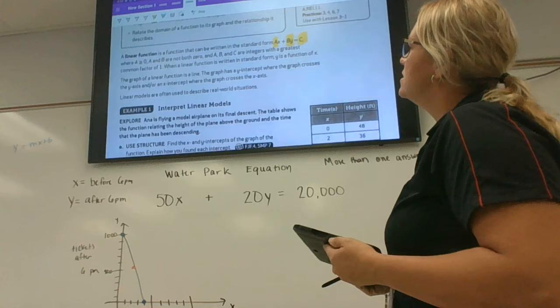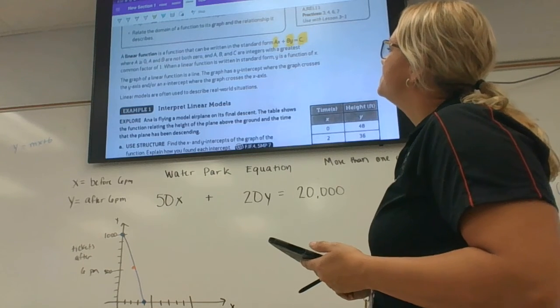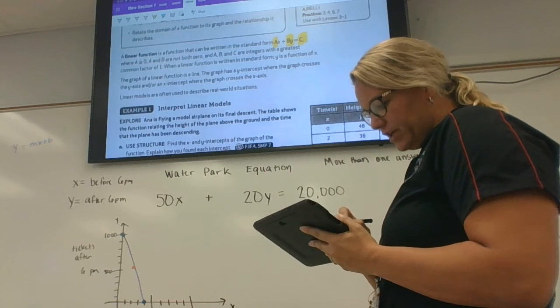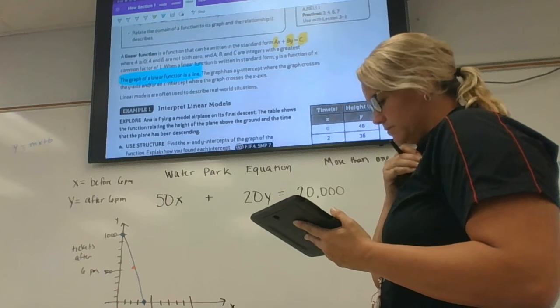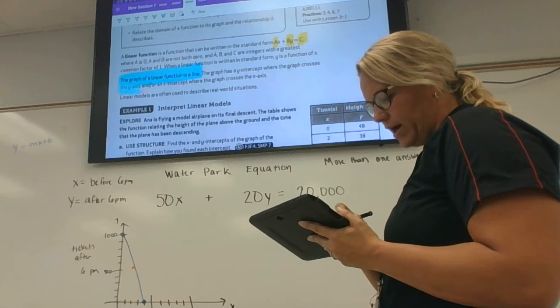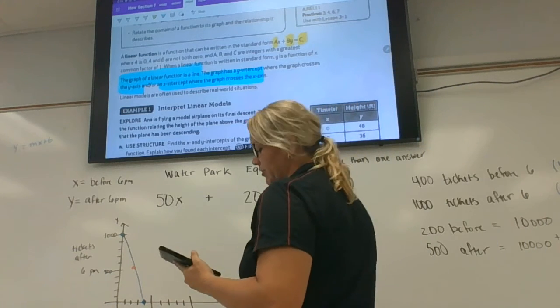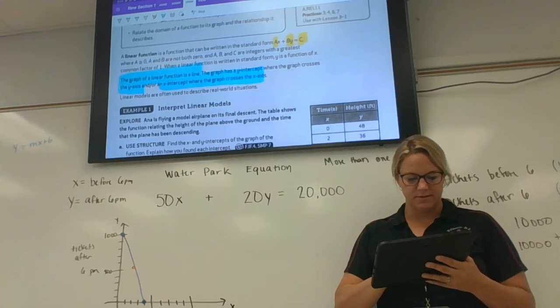A has to be greater than 0. A, B, and C are integers. The graph of a linear function is a line. The graph has a y-intercept where it crosses the y-axis and an x-intercept where it crosses the x-axis. Linear models are often used to describe real situations such as water parks.